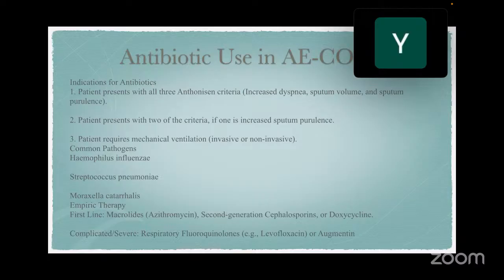And common pathogens are actually these respiratory bugs. We have Haemophilus influenzae, Strep pneumoniae, and Moraxella catarrhalis. First line we're going to use is macrolides, and then second line we can use cephalosporins or doxycycline. And if it's complicated or severe, we can use the respiratory fluoroquinolones, levofloxacin, or augmentin.